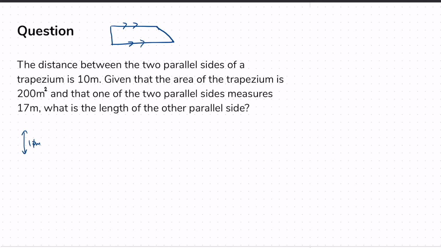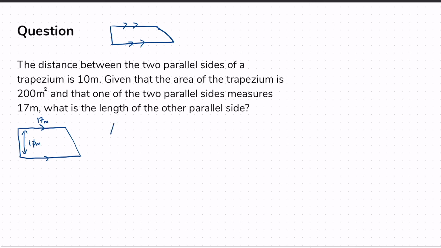Okay, so let's just draw an approximate trapezium here, remembering that I don't know whether the bigger side or the smaller side is 17 meters, but I'll write it at the top, just as a placeholder for the time being.